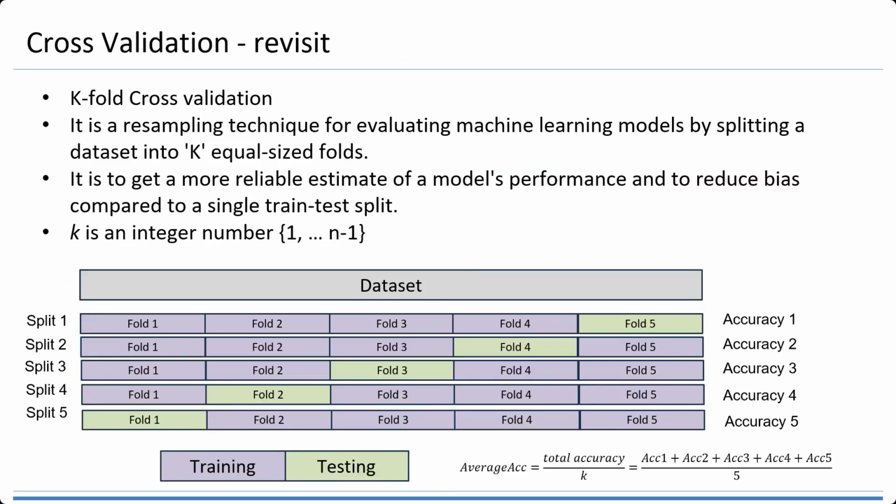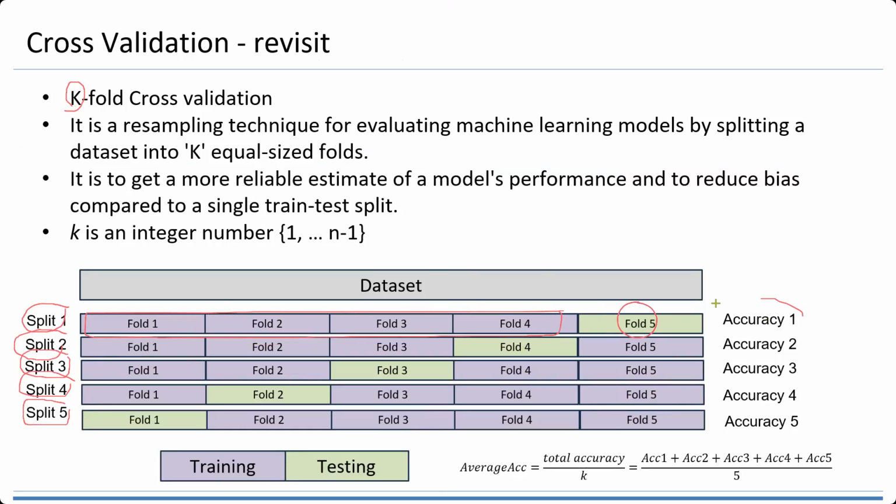You can do it with cross validation. I will not explain it again, since last time we already learned cross validation. If in cross validation we set k equals 5, it means we will split the data into 5 parts. For every time, let's say fold number 5 is the testing, the remaining data will be the training.